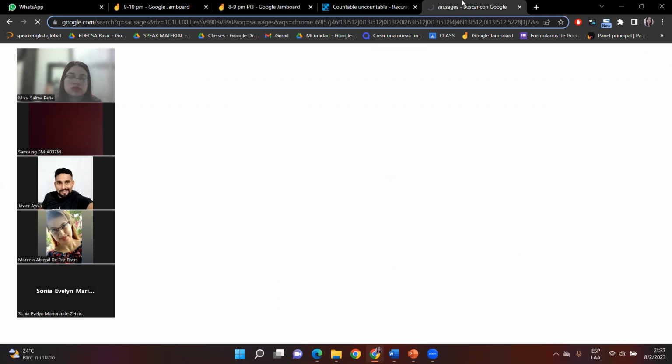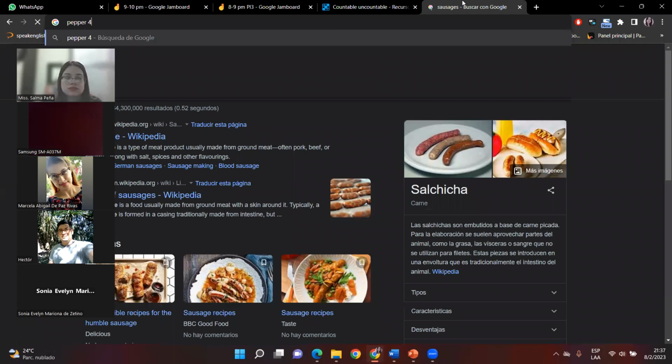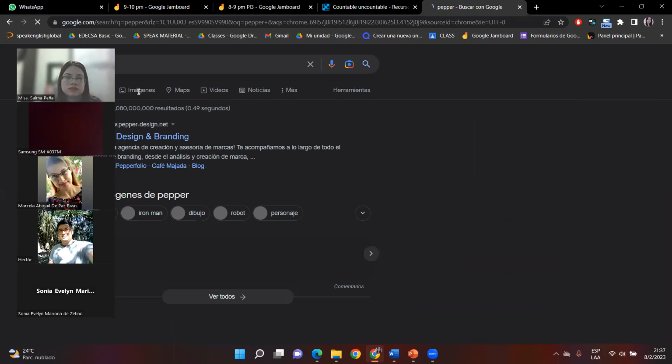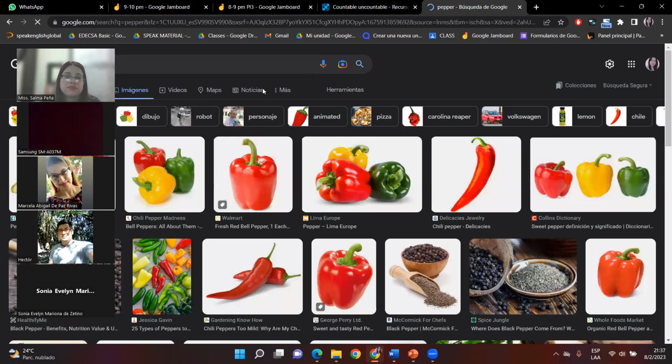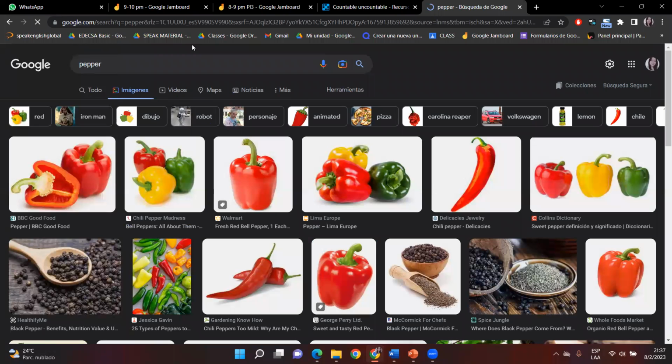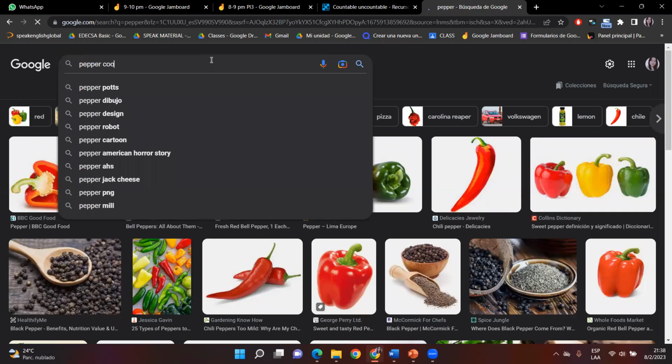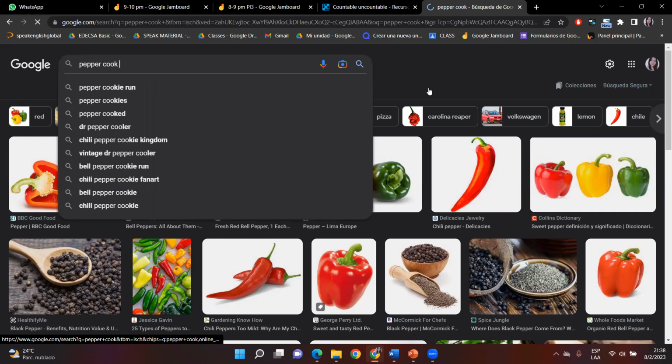If you still have questions about what it is. Okay, this is a condiment. We used to put it on pizza, but it's not this one. This is a chili pepper, but just the pepper is the condiment. But that's the difference, no?